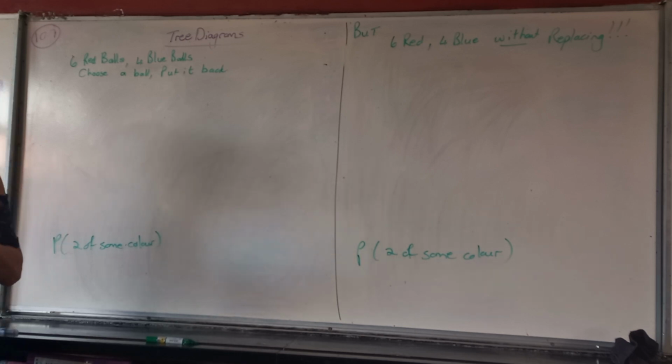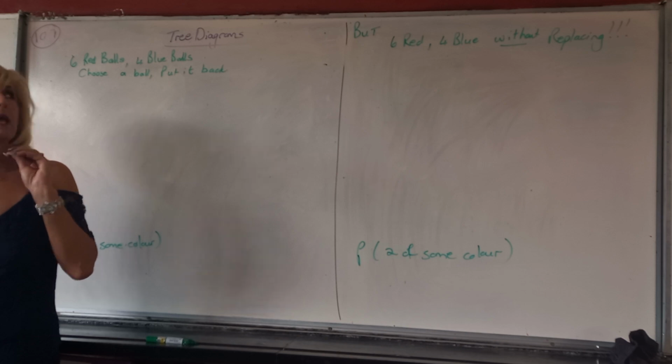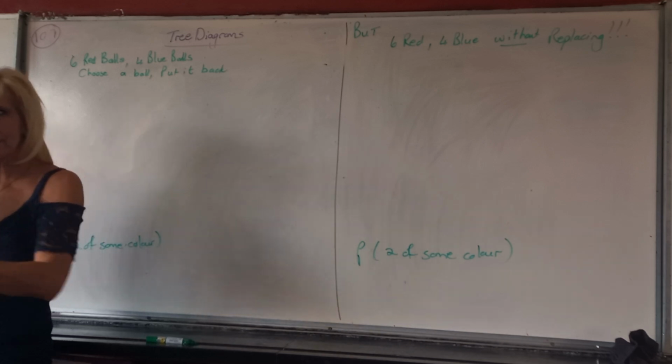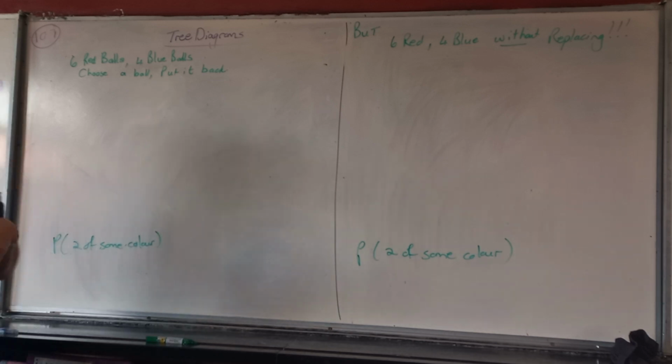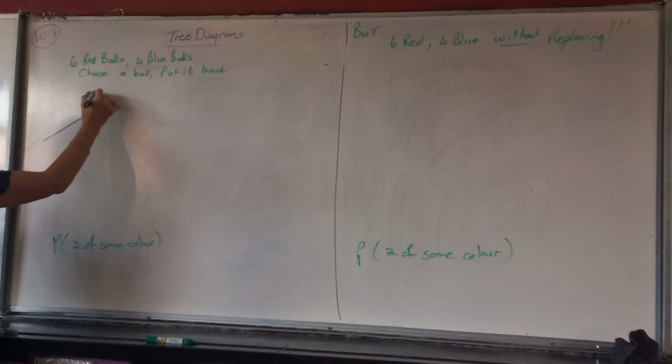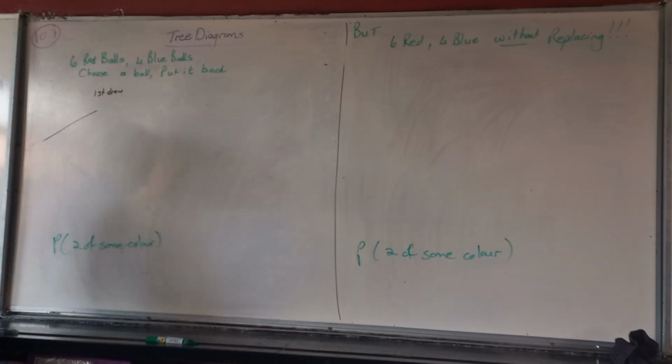But now I say, take 2 balls out. Take the one out, and then you put it back, and then take another one out. What would be the probability? So let's look at it. So this would be my first draw, whatever you'd like to call it. There's no correct English there.